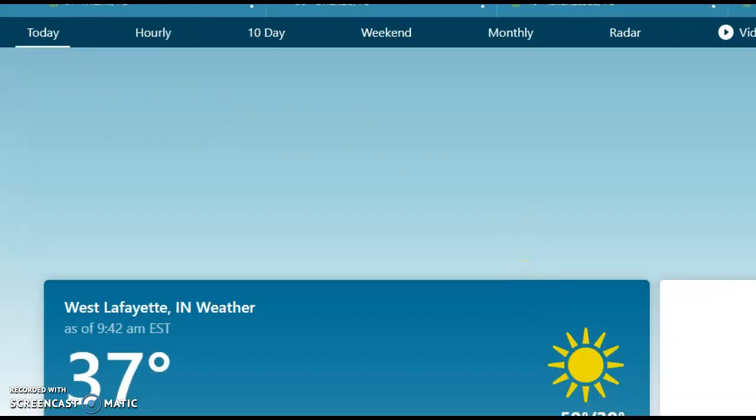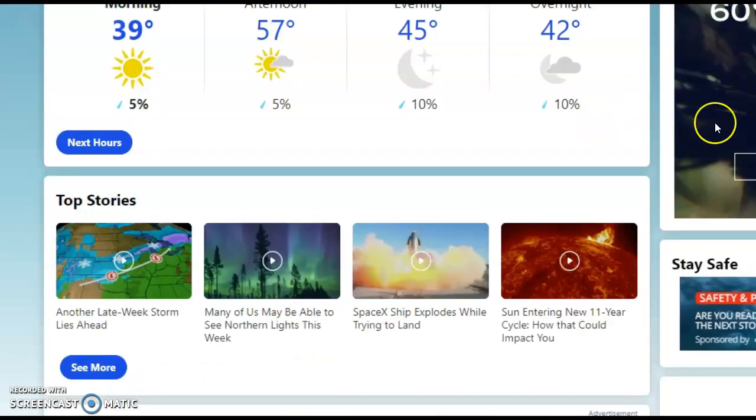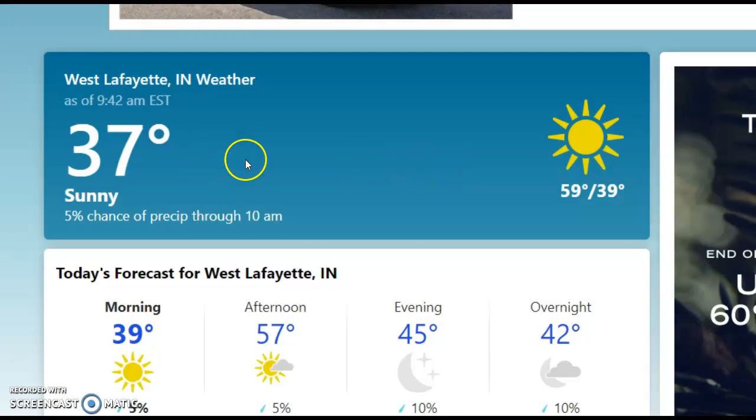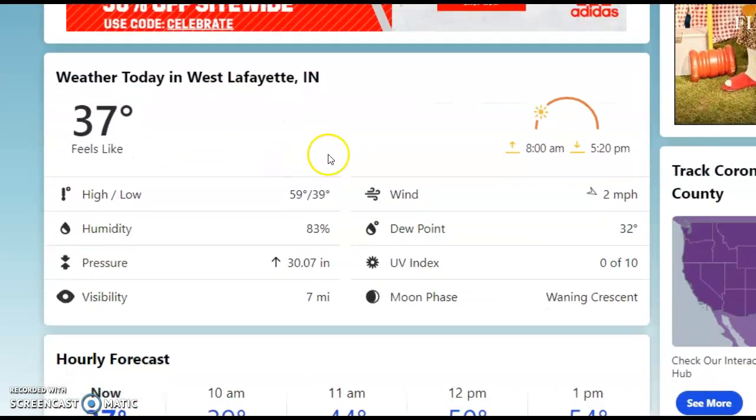All right, so this is the Weather Channel website. I'm going to show you how we can find the high and the low. If you scroll down, you'll see where it says weather today in West Lafayette, Indiana.